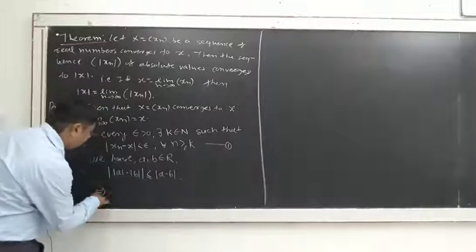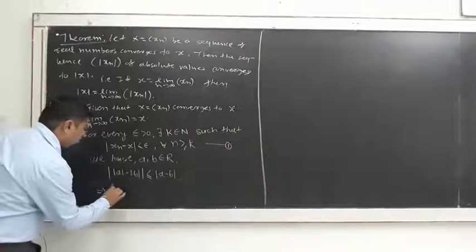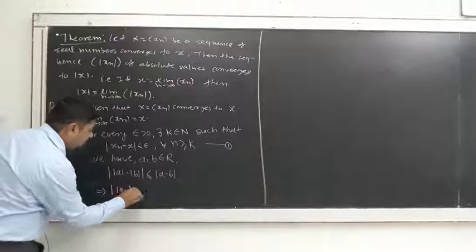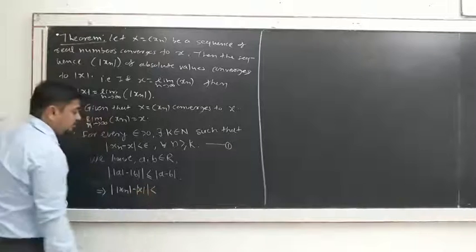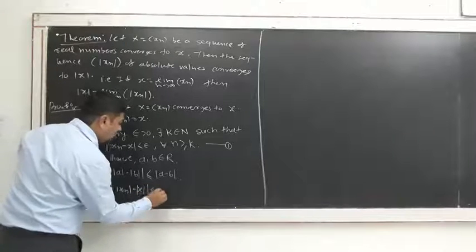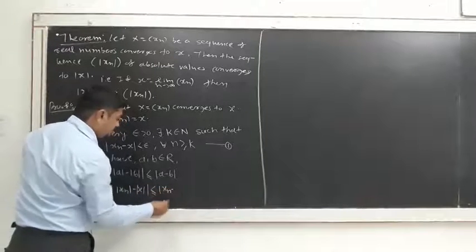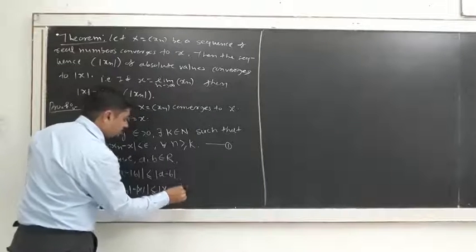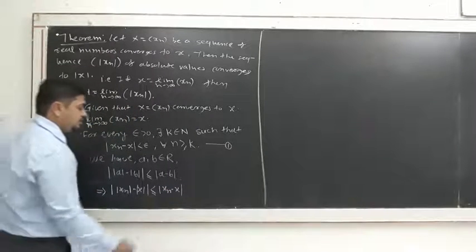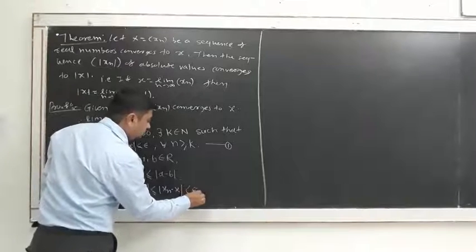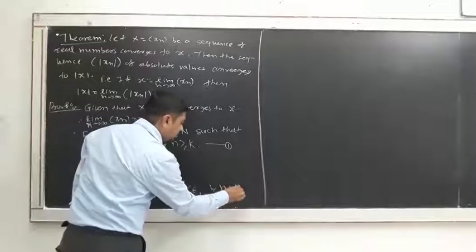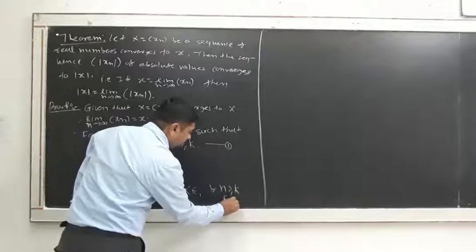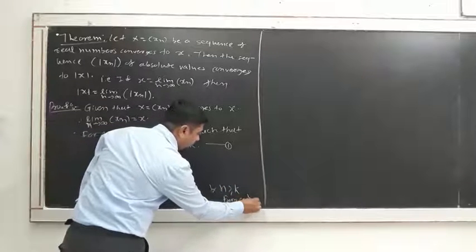This implies that ||xn| − |x|| ≤ |xn − x|, and this is less than epsilon for all n ≥ K, from equation 1.